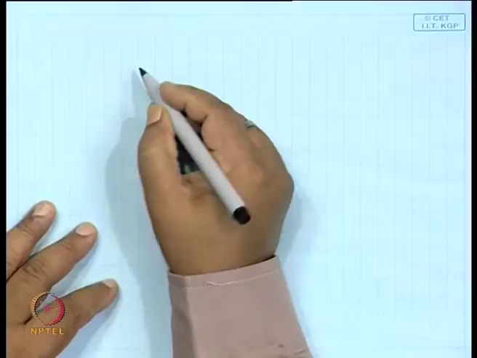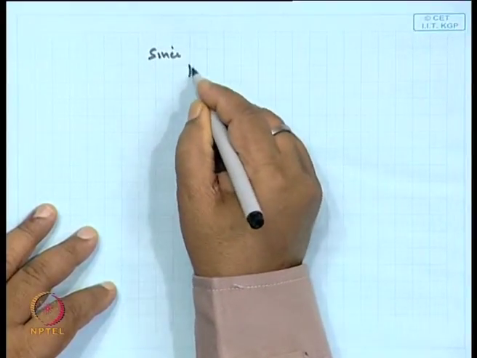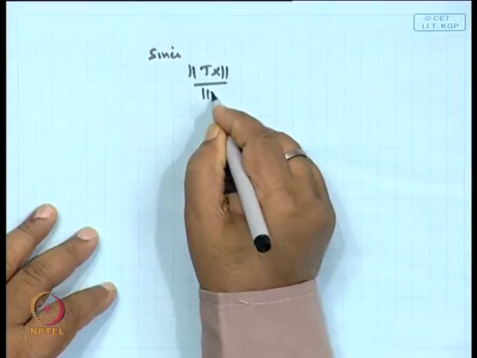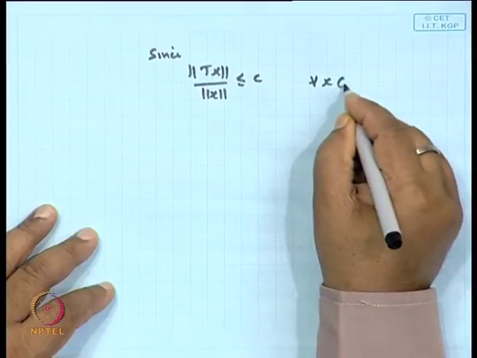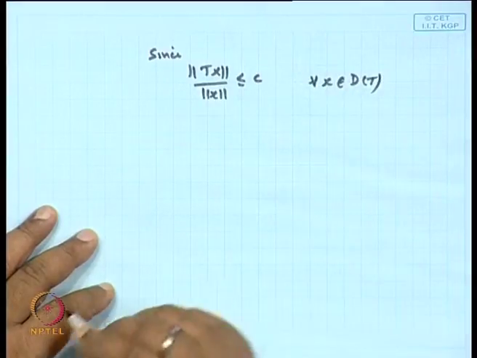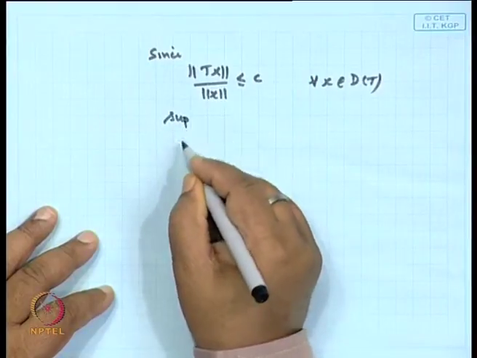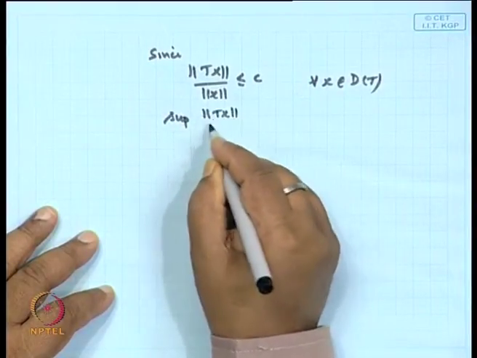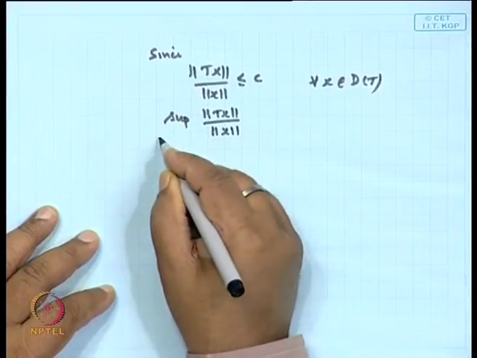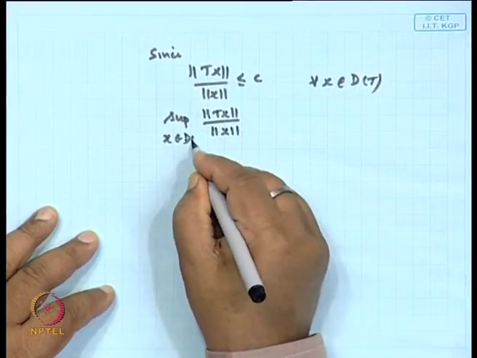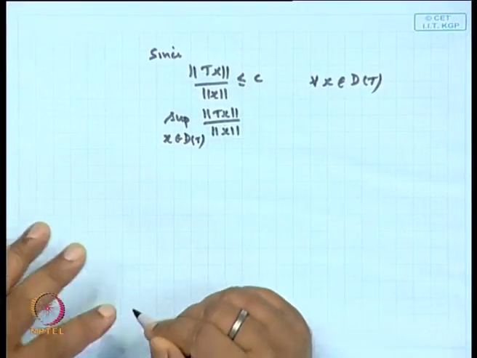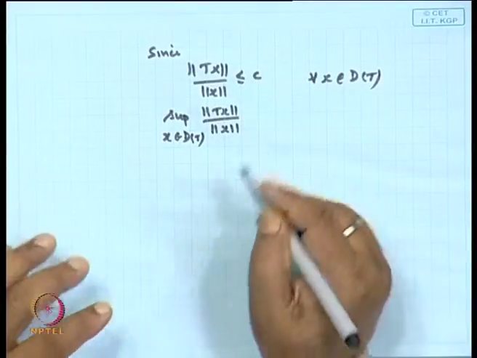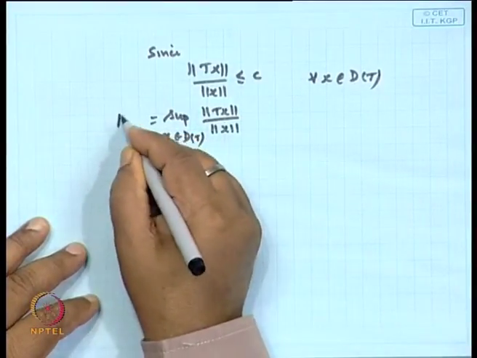This can be obtained since the norm of Tx over the norm of x is less than or equal to C. This is true for all x belonging to the domain of T. So take the supremum of the norm of Tx over the norm of x, where x belongs to the domain of T. This supremum will be the minimum value of C. This we denote by the norm of T.